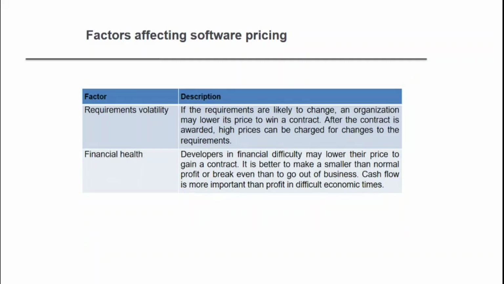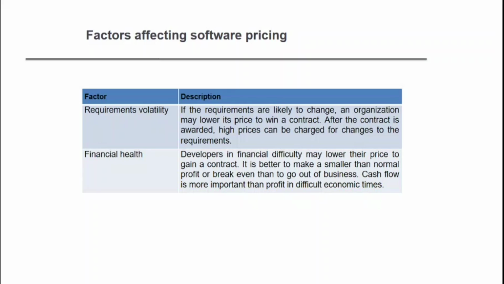Requirements volatility. If the requirements are likely to change, an organization may lower its price to win a contract. So if you require a project from the client, then you have to lower the price to win the contract.